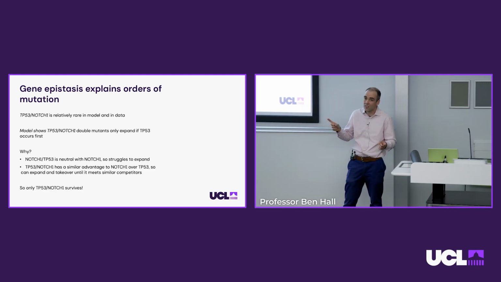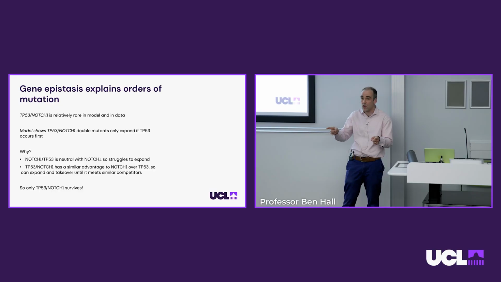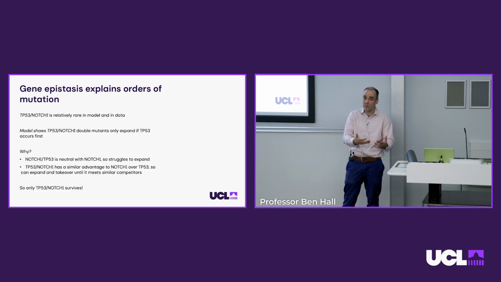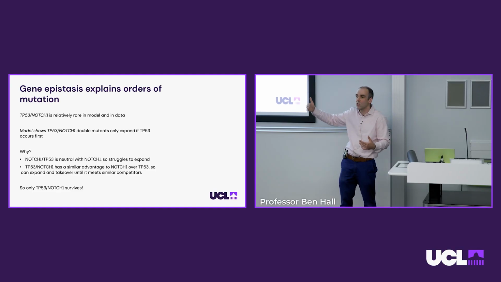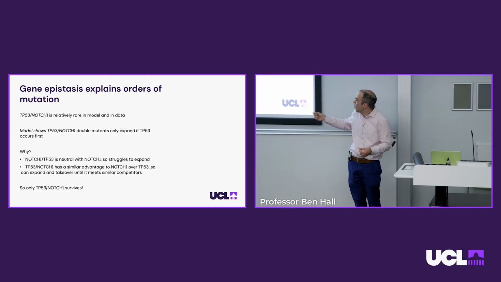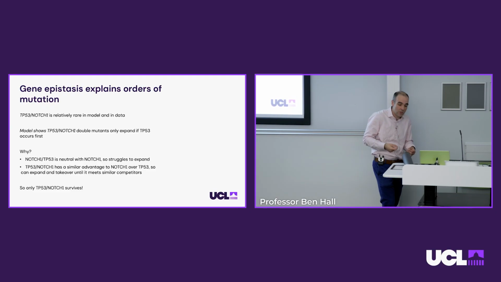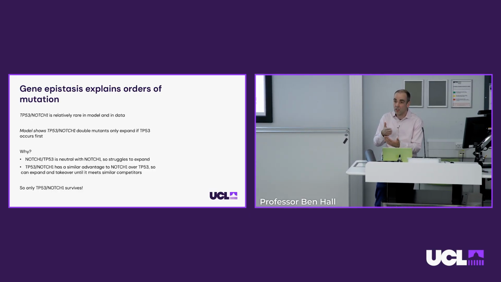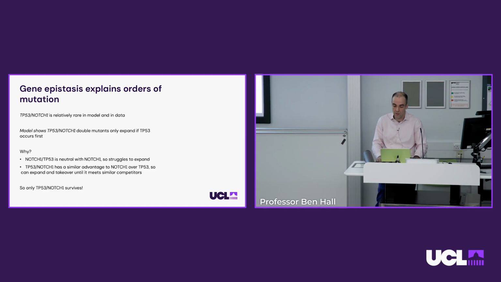In contrast, if you have P53 and then Notch, you still increase your fitness. So those double mutants have an advantage over their parent cells with P53 mutations. So they can continue to expand and persist in the tissue. So the only cells, the double mutants that are likely to survive to be found are the ones where p53 has occurred first and Notch has occurred second.